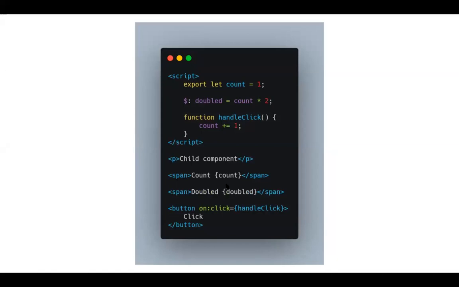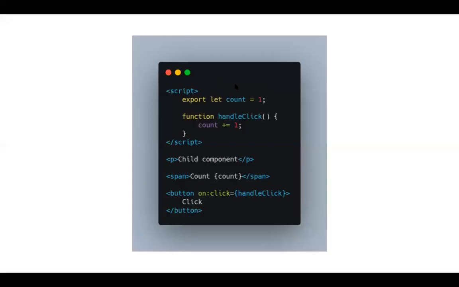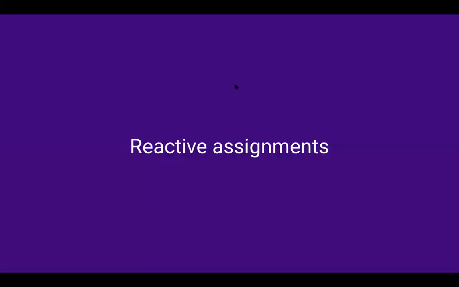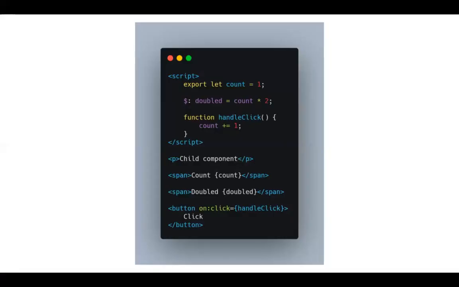And next we can look into reactive declarations. Yeah, this is a reactive declaration. For an example, let's say we have another variable called double. We need to get the doubled value of this count. Earlier we had only one value called count, and this is just a reactive assignment, and it will get changed automatically rather than us doing anything extra special.